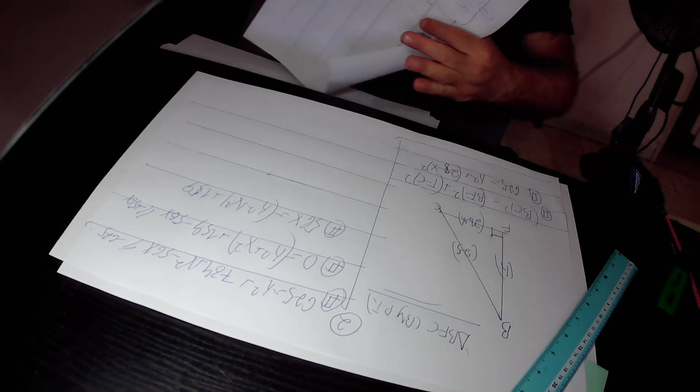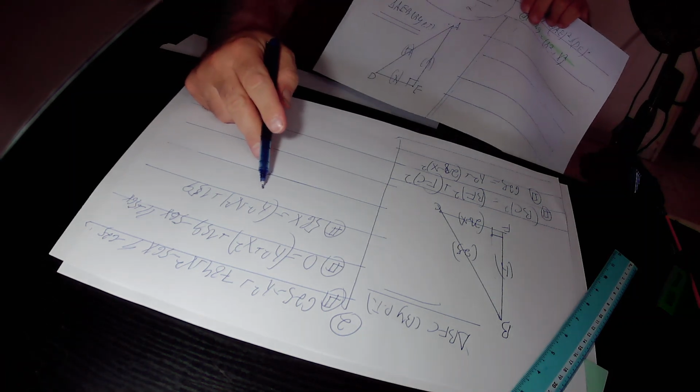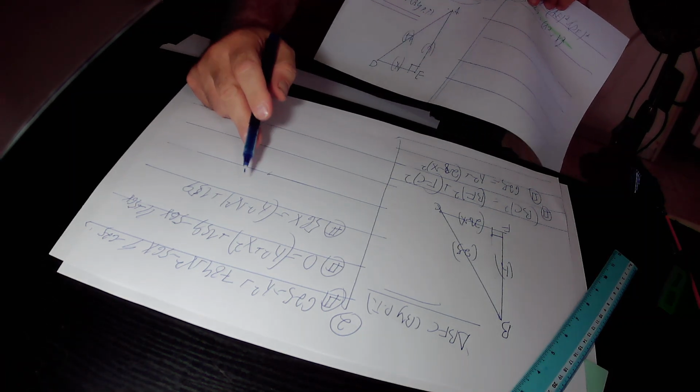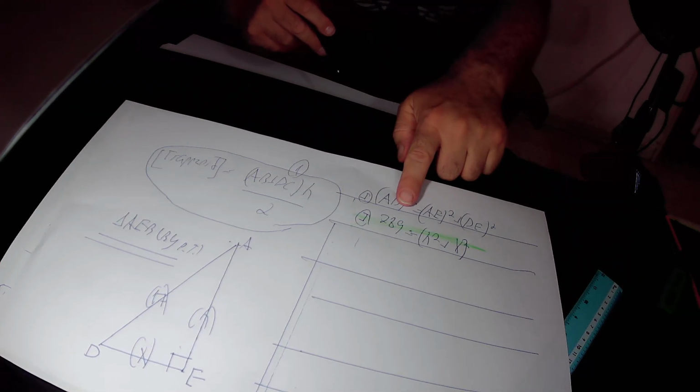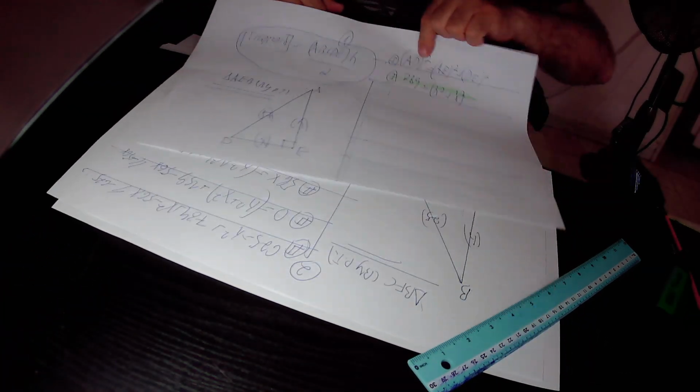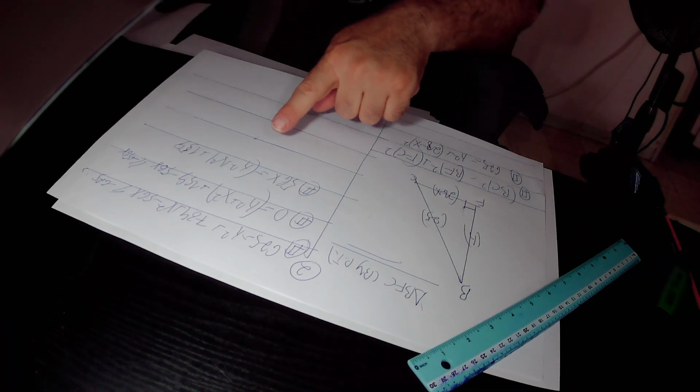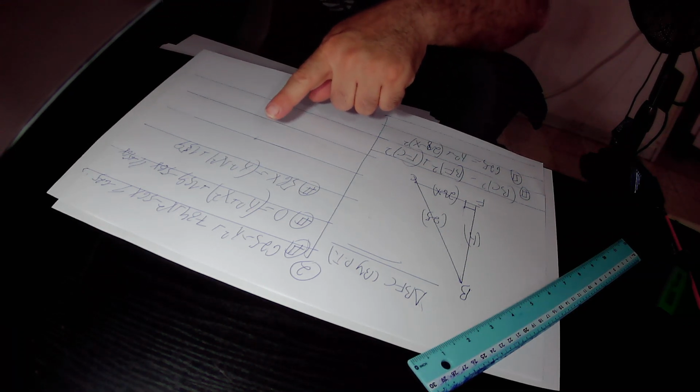We have already found out that this expression h squared plus x squared, according to equation 1, equals 289. Therefore, I can substitute h squared plus x squared in equation 2 by 289. We'll do it now.